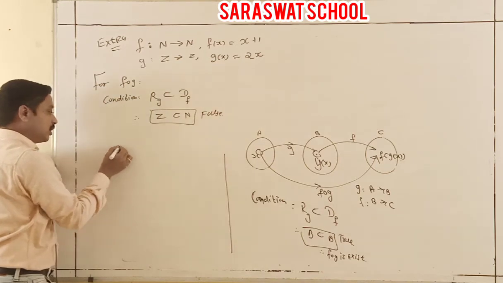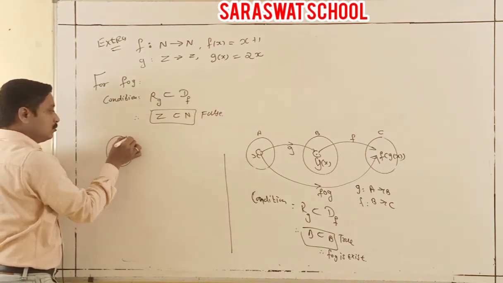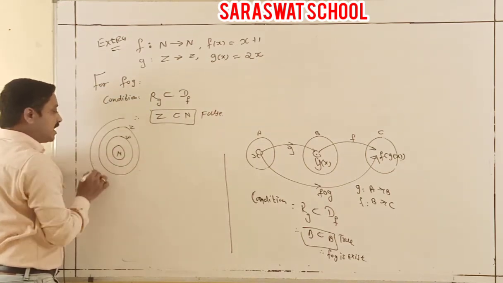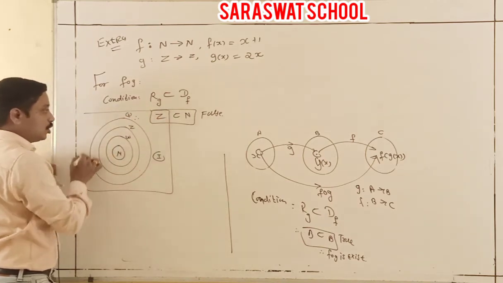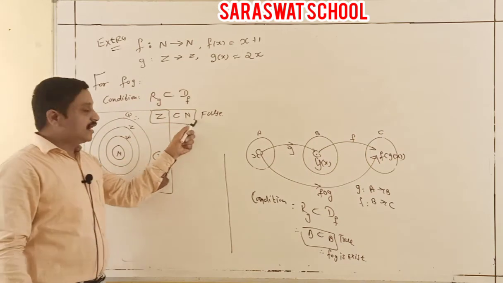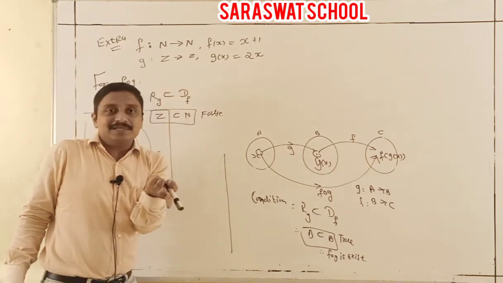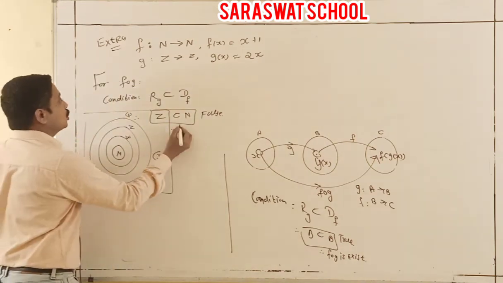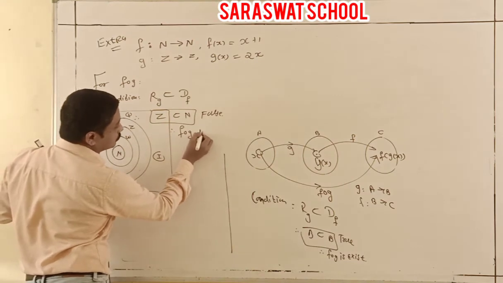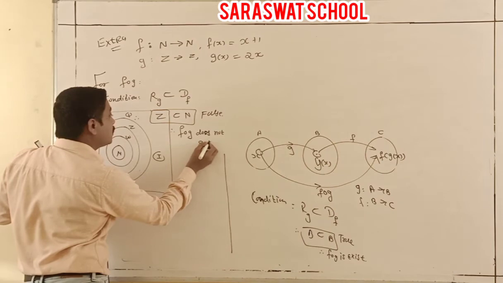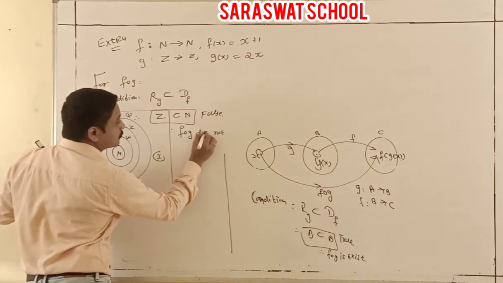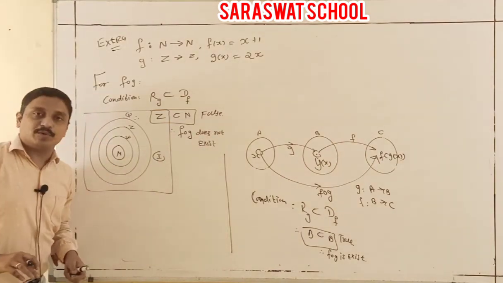Because generally known sets are N, W, Z, Q, irrational. These are all valid. Z is not a subset of N, but N is a subset of Z. So here it is false. So f of g does not exist in this case. This part is not possible.